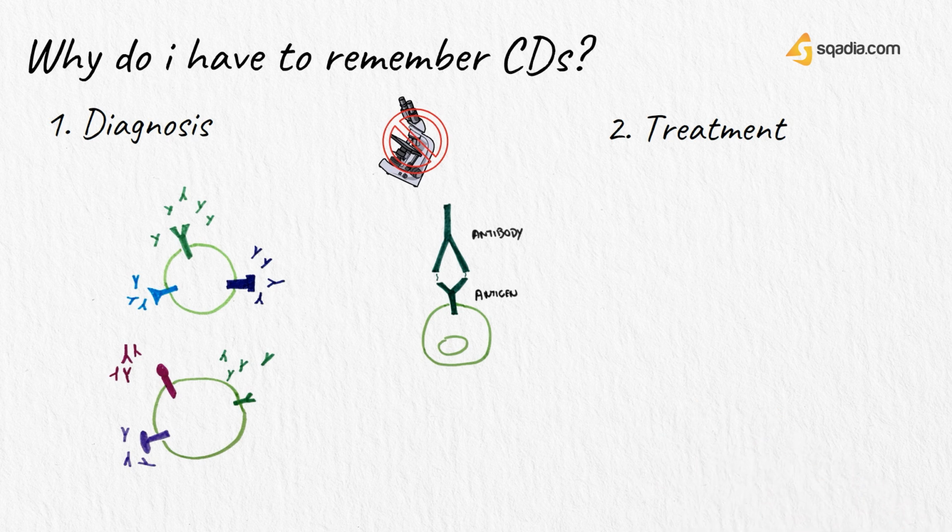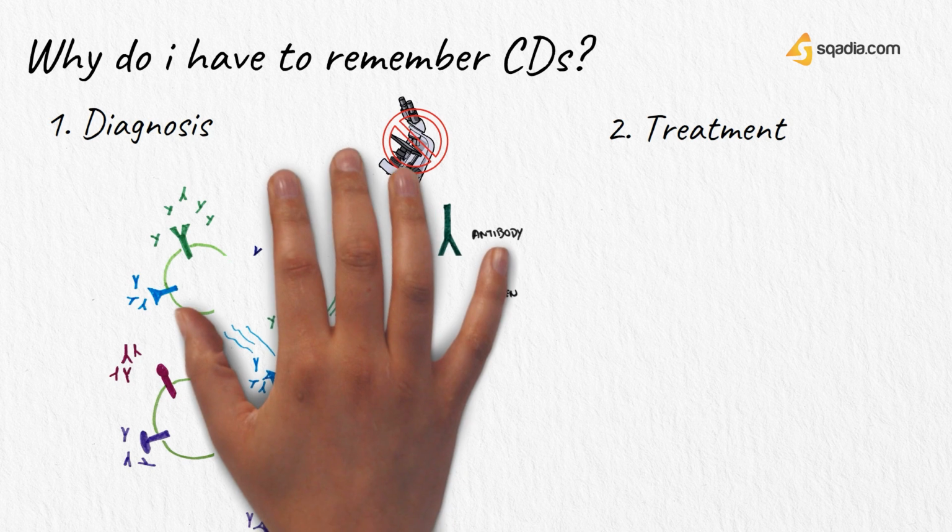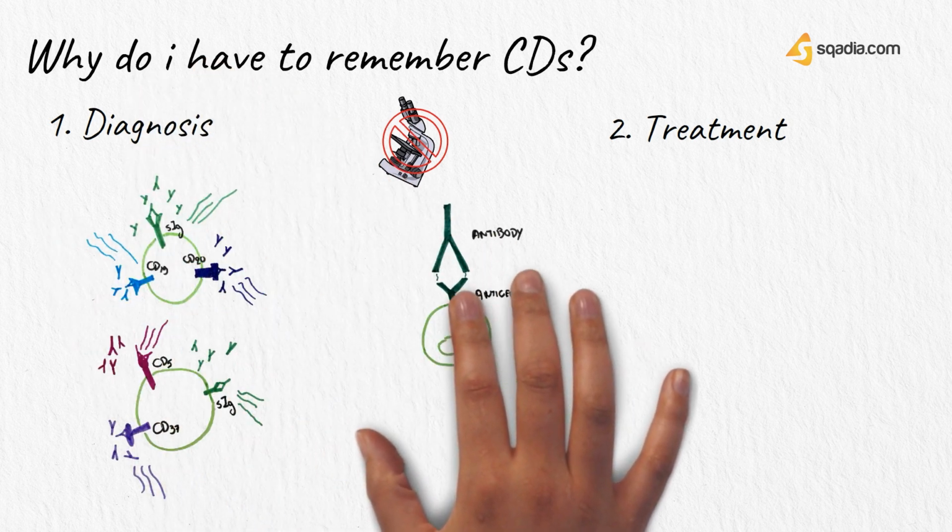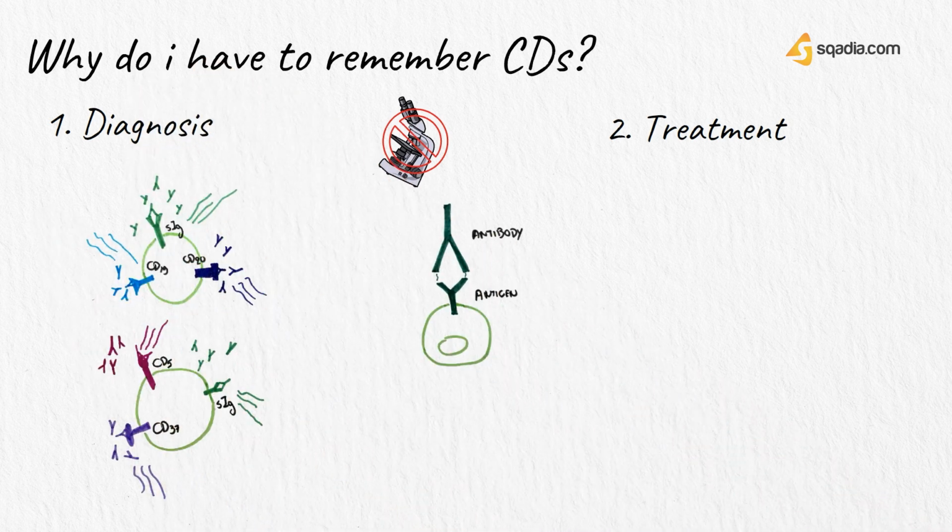When we have a clinical suspicion of a hematological disease, you can ask your lab to perform a test. Put the antibodies in the sample of a patient's blood and see what happens. This test is called flow cytometry. It's a method based on principles of immunology and gives us information on cell phenotype.